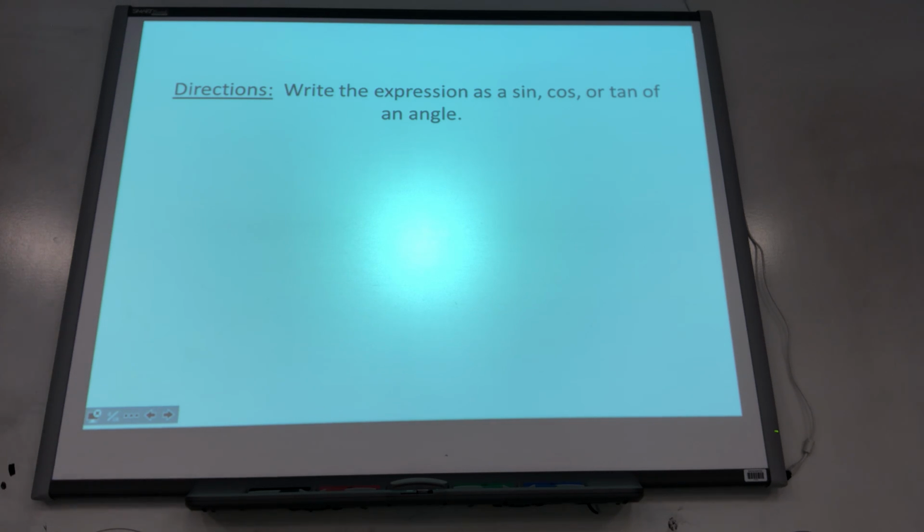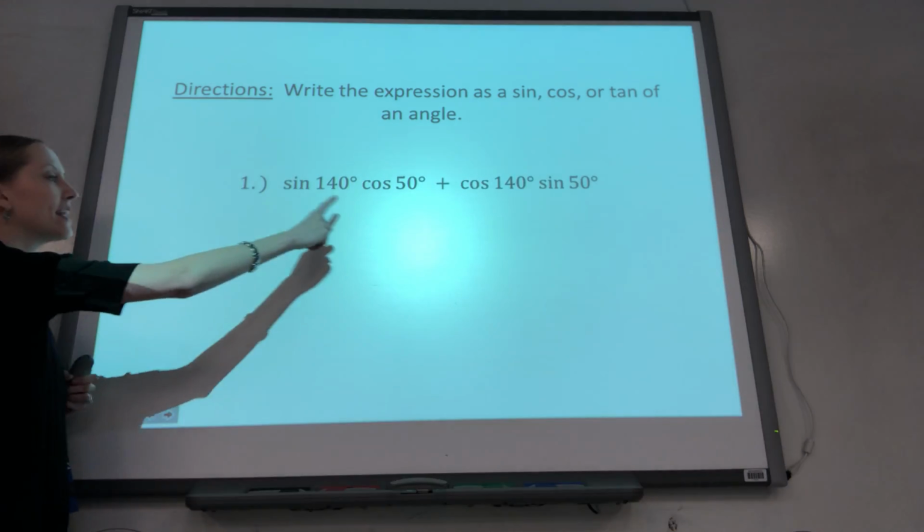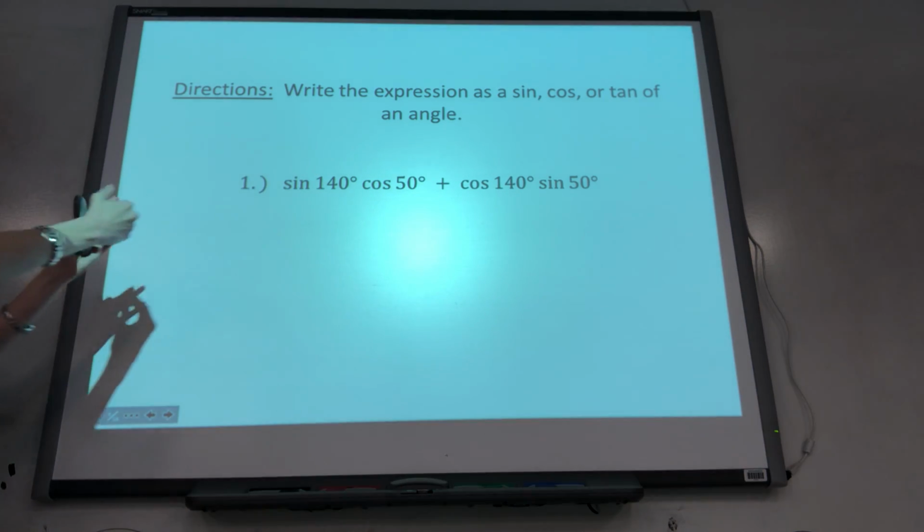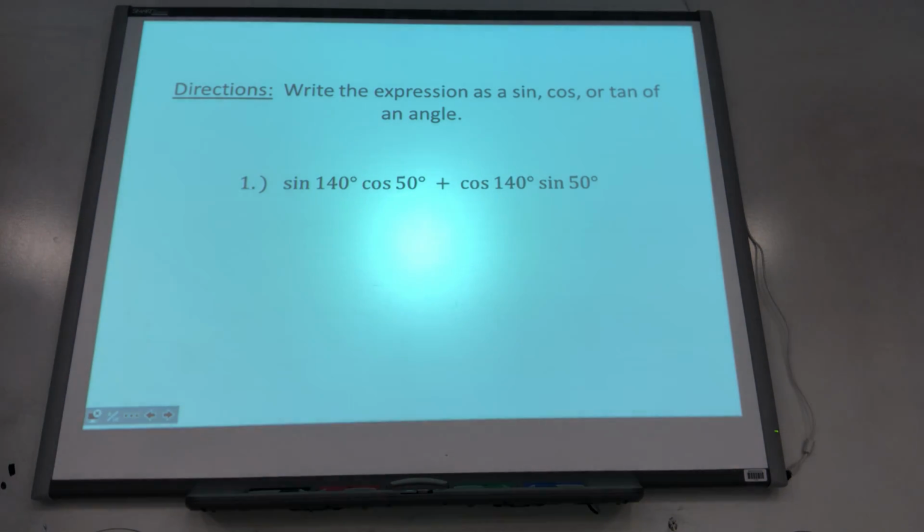We're pretty well going to work backwards on these problems. Instead of being given something like this on the left side, we're going to be given something that looks more spread out, and we'll have to condense it back down to what it would have started out as. So if you look at example 1 up here, it is very much spread out.